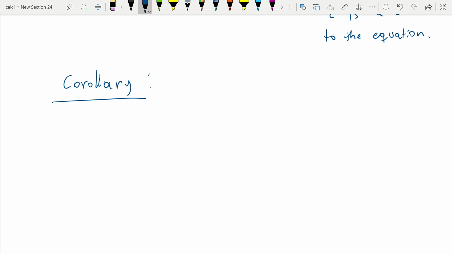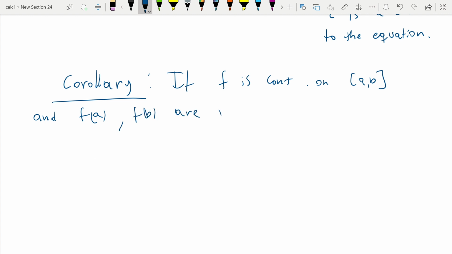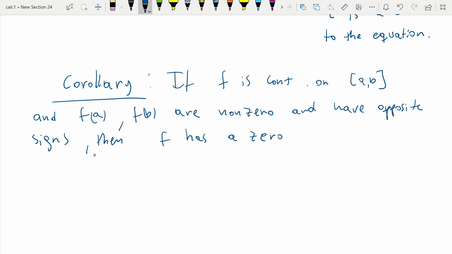So if f is continuous again on a closed interval [a, b], and f of a, f of b are non-zero and have opposite signs, then f has a 0 in (a, b). And this is exactly what we applied in the example before.